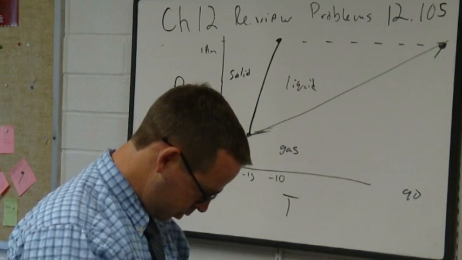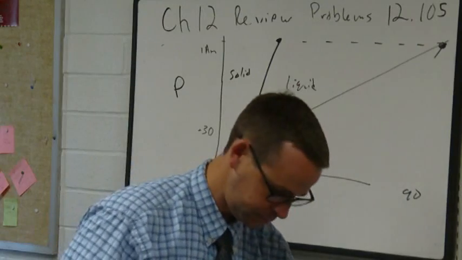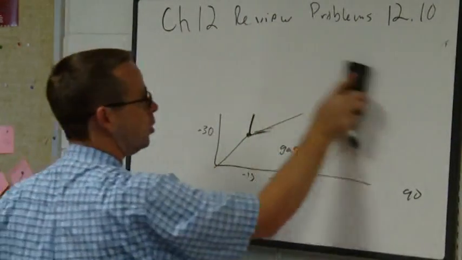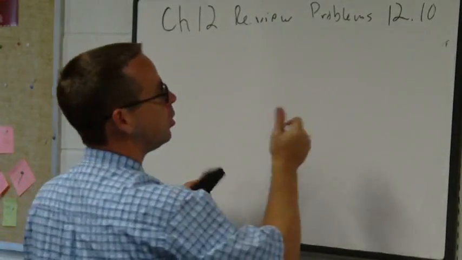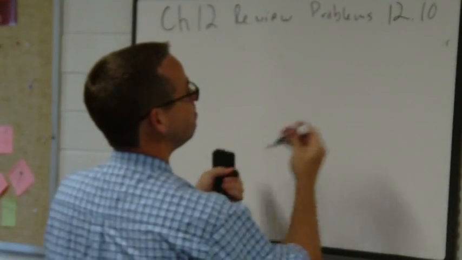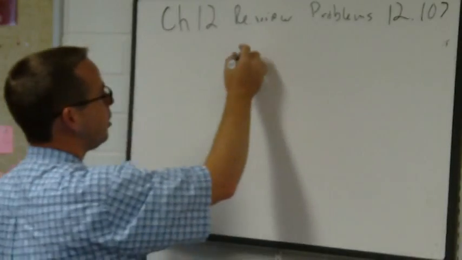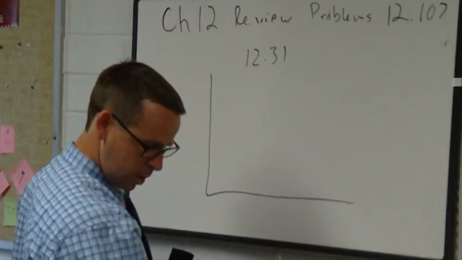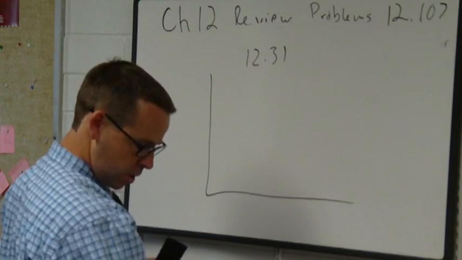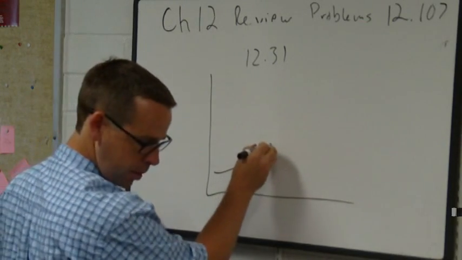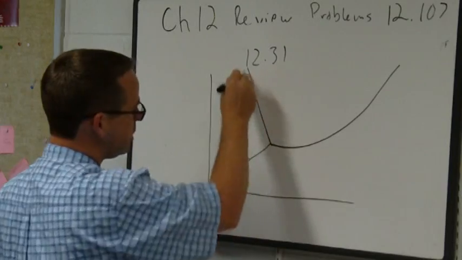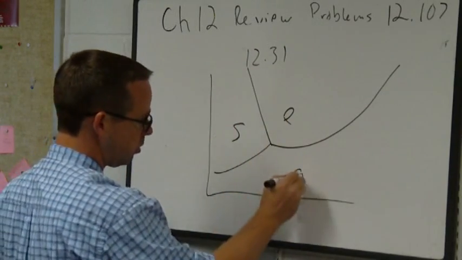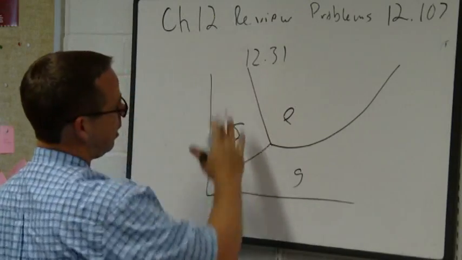There it is. So for 12107, we're looking at figure 1231. It's a phase diagram for carbon dioxide. The interesting thing about carbon dioxide's phase diagram is that the line between solid and liquid slants to the left.